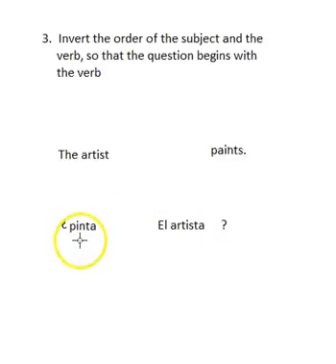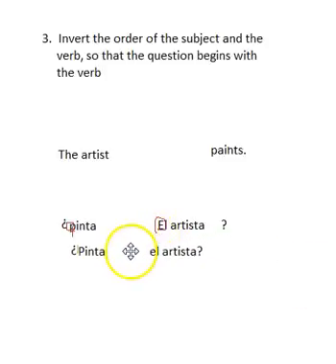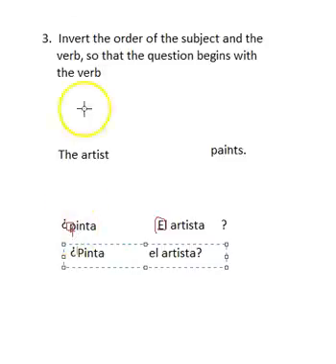So we will read pinta el artista. Of course, you're going to want to make this a capital, make this lowercase. So you'll end up with something like this. ¿Pinta el artista?